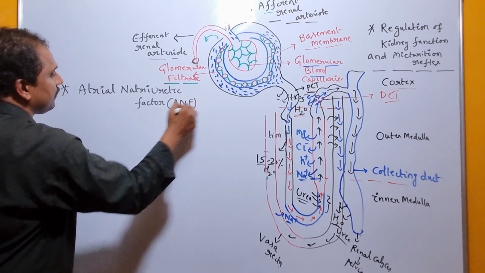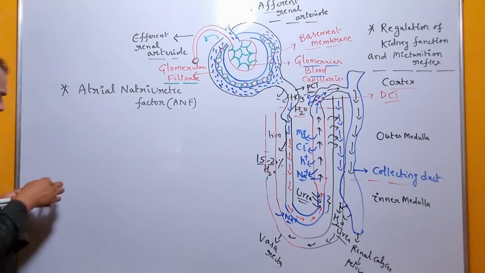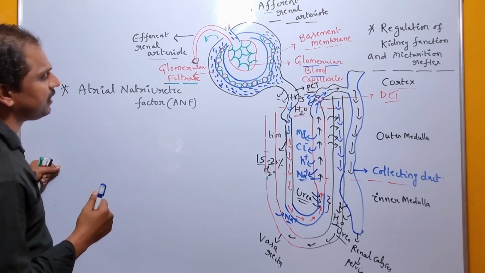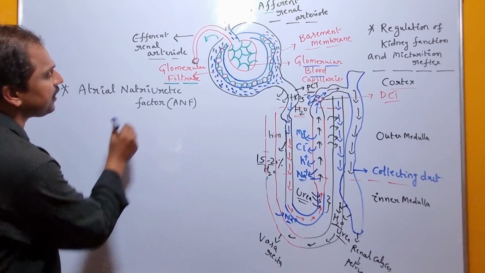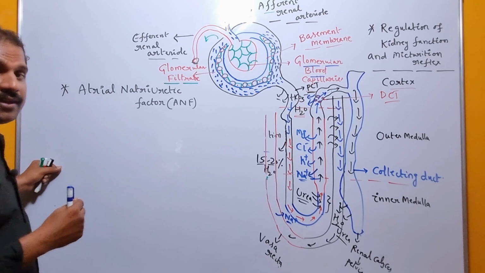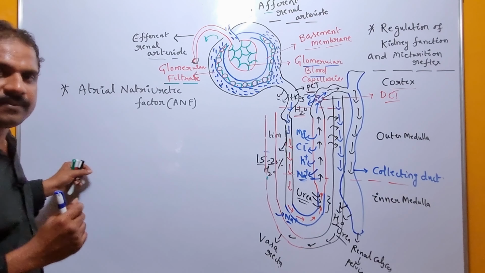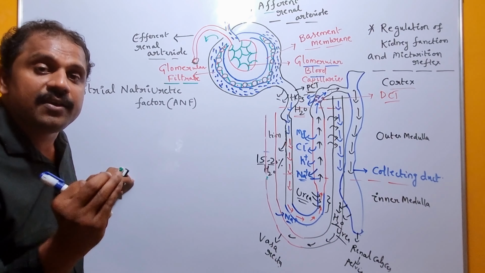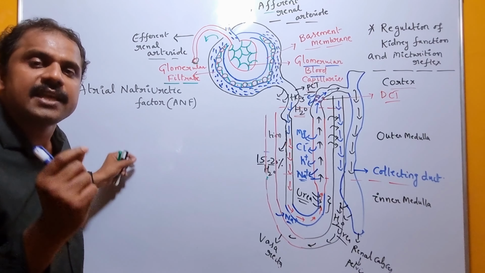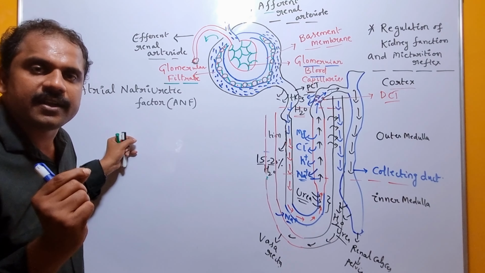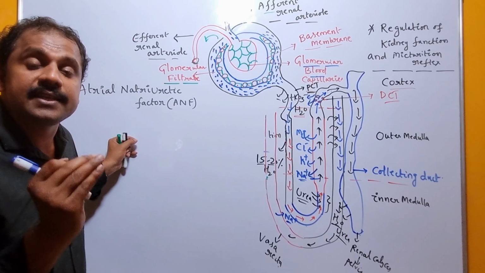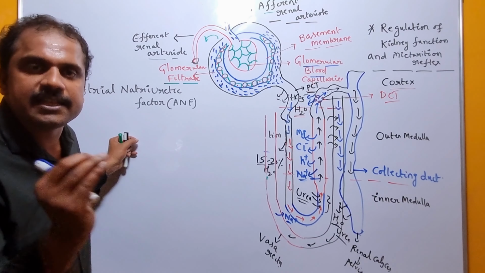The atrial natriuretic factor is synthesized by the walls of the human heart. And it is an antagonist of the RAS mechanism. The juxtaglomerular apparatus is responsible for regulating the RAS mechanism, whereas the atrial natriuretic factor, synthesized by the walls of the human heart, acts as an antagonist of the RAS mechanism.